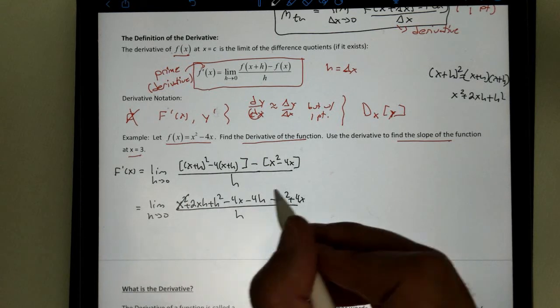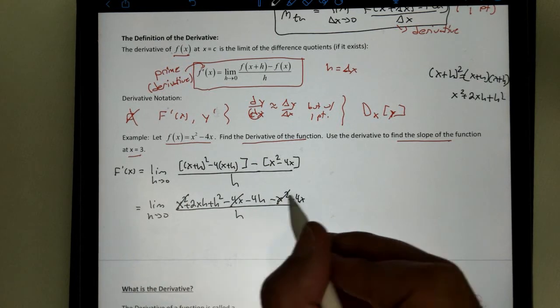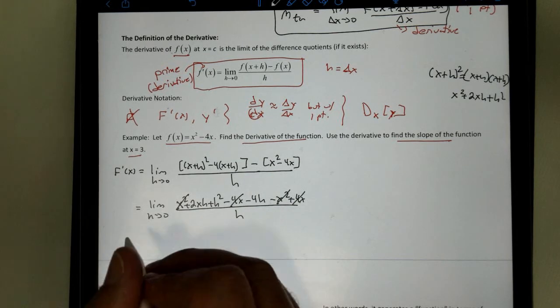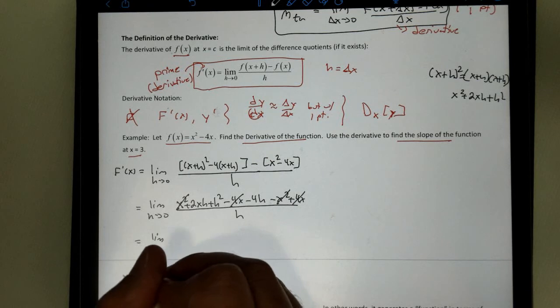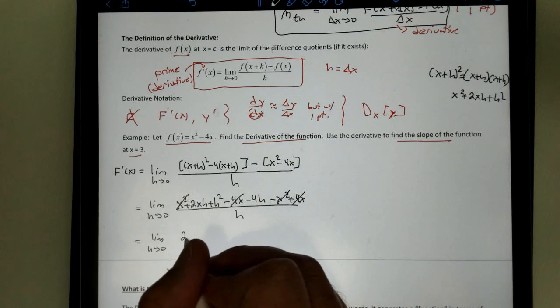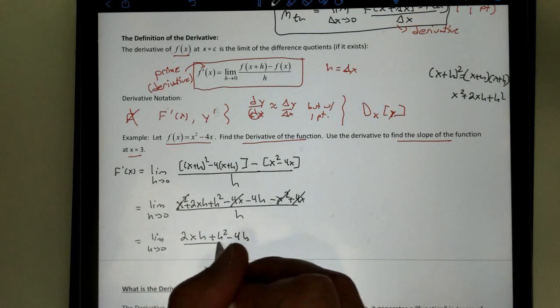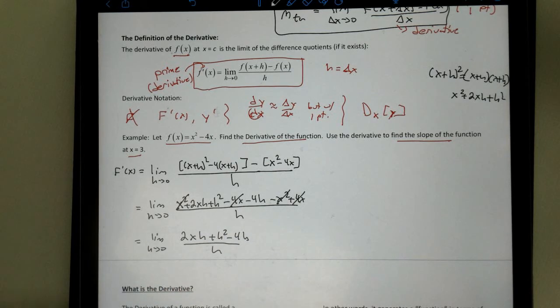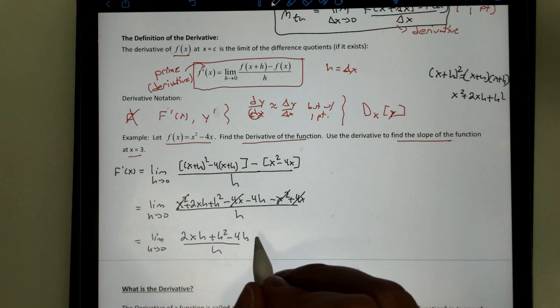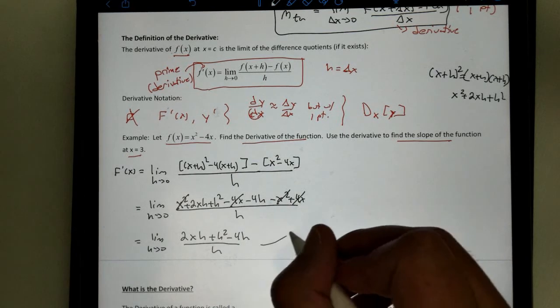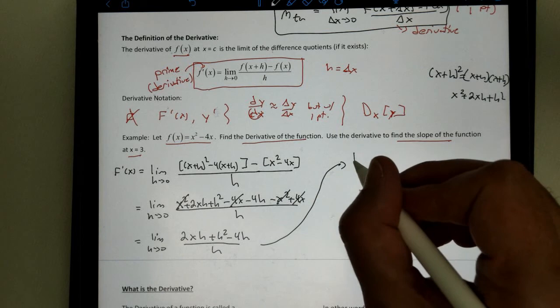The x squareds will cancel. And what you're going to find out is everything that does not have an h cancels. And when I rewrite this, h goes to 0, 2xh plus h squared minus 4h all over h. And as many probably are aware, I can factor out an h here. Let me make the h look a little bit better. I can now factor out an h.